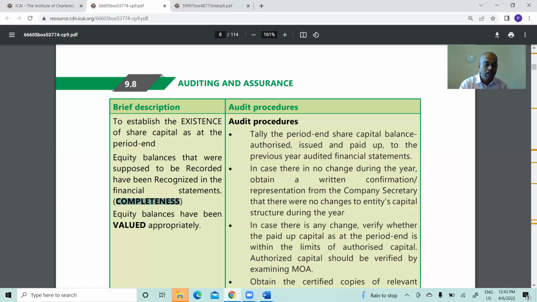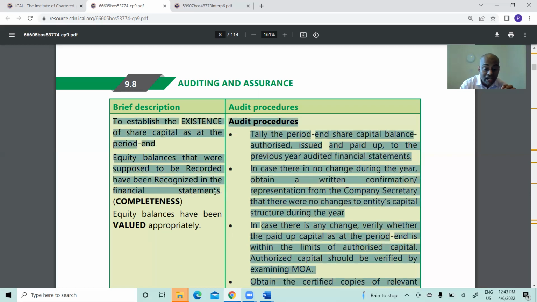After that, this should be your heading: Completeness. Then you write, to establish the existence of share capital as at the end of the period, the equity balances that were supposed to be recorded have been recognized in the financial statements. So this is what the auditor has to ensure.